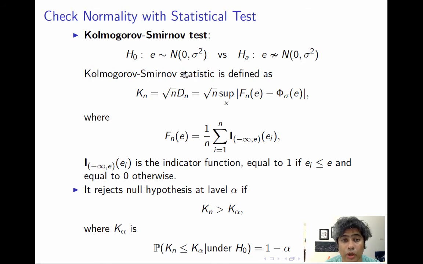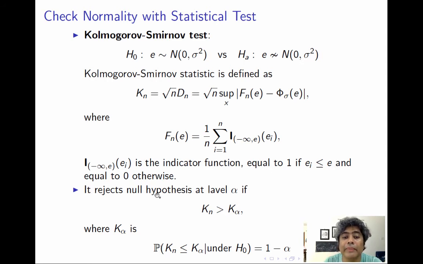The test statistic is defined as K_n equal to square root of n times D_n, where D_n is the supremum over e of |F_n(e) minus F_{0,sigma}(e)|, where F_n(e) is 1 by n times the summation of the indicator function of e_i, which equals 1 if e_i is less than e and 0 otherwise.